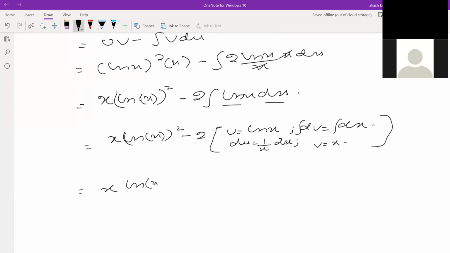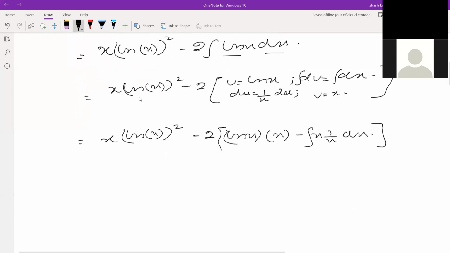So x (ln x) whole square minus 2, times u v, which is x ln x, minus integral of v du, which is 1 over x dx. So it becomes x (ln x) whole square minus 2x ln x, minus x cancels out, minus dx.